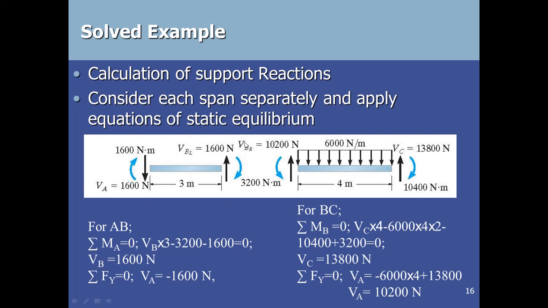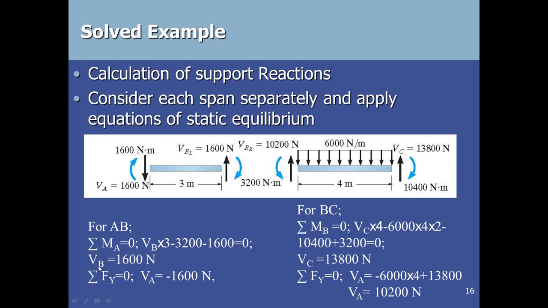First we consider the portion AB, and then we take moment about A, and in that case VB into 3 minus 3200 is this value, and then we have another moment here minus 1600, and this whole thing will be equal to 0. There is no other moment.